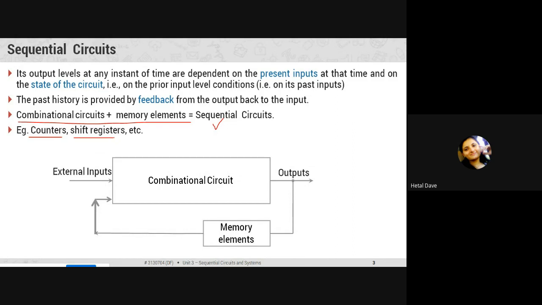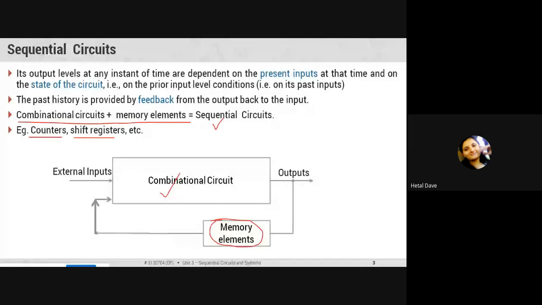Is there any doubt in the old description, the introductory part of sequential circuit? Anyone? So what is our aim? First of all, we will try to understand this part. Please remember, because we already learned all combinational circuits. So this part is done from the second chapter. Our aim is to design a counter. Okay, I need to design a counter.